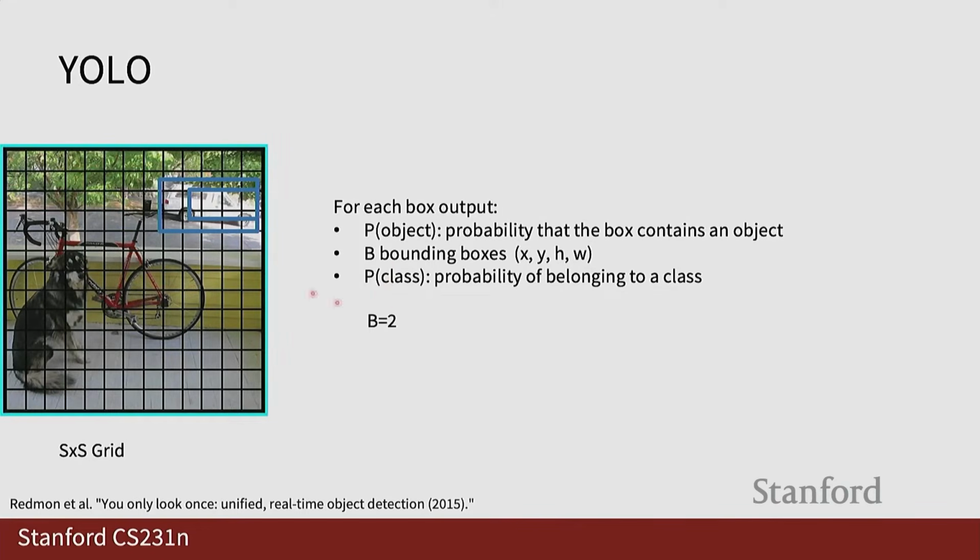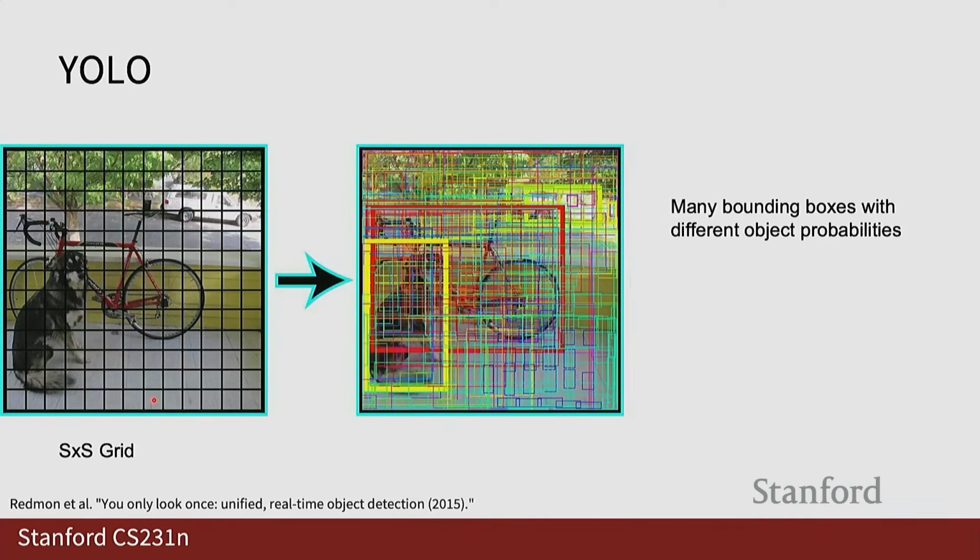In this case, for example, if B is equal to 2, it generates just 2 bounding boxes with different probabilities. It does this for all of the boxes at the same time. So it's the same network generating the output for each of these grid boxes, and it generates a number of different options for the object.